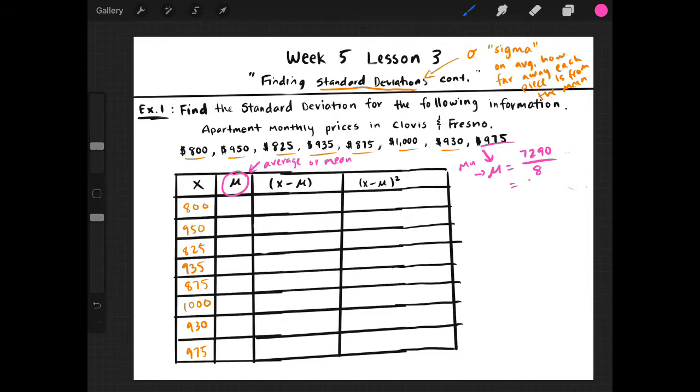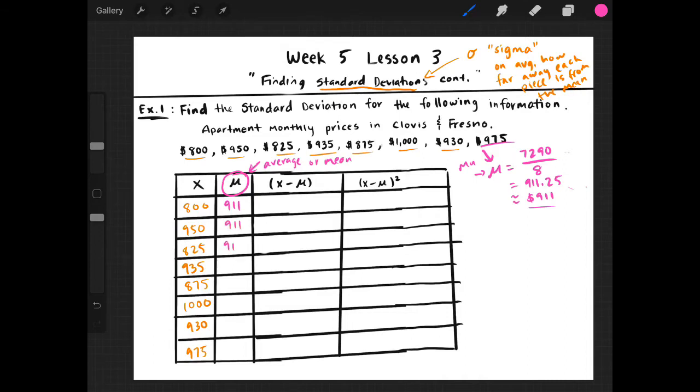Now, to make our lives a little bit easier here, let's just keep it with our whole number. I know it's $911.25, but let's just use $911. I don't need this to be extremely exact right now. So the average cost of an apartment in this area is $911.